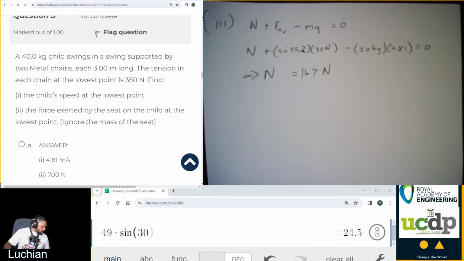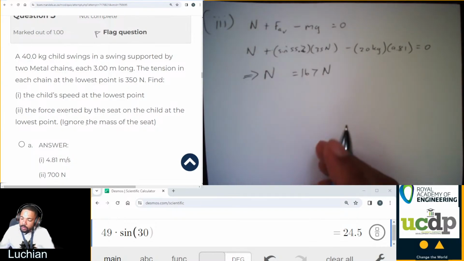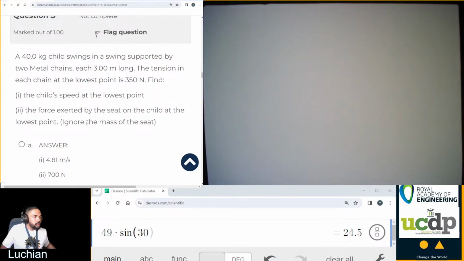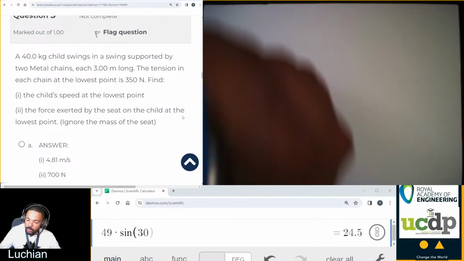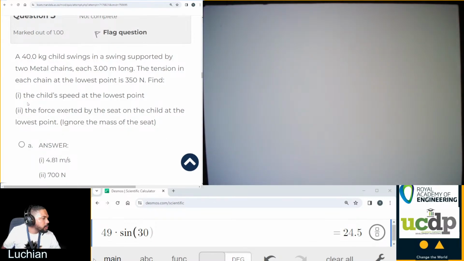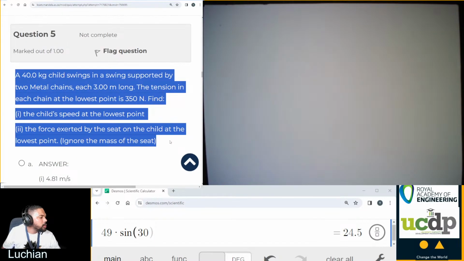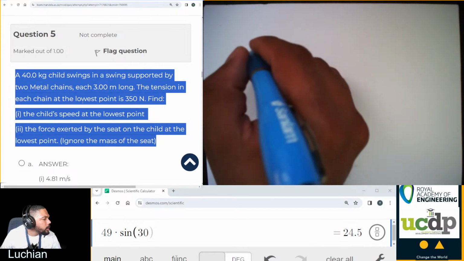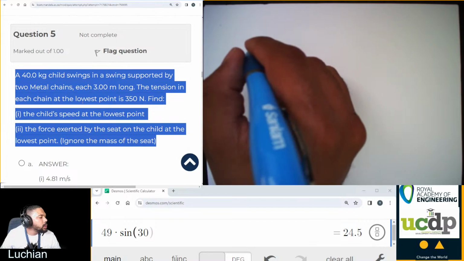Okay, now if we continue, question number 5, which is the last question for today. We have a 40 kilogram child on a swing. A 40 kilogram child swings in a swing supported by two metal chains, each 3 meters long.